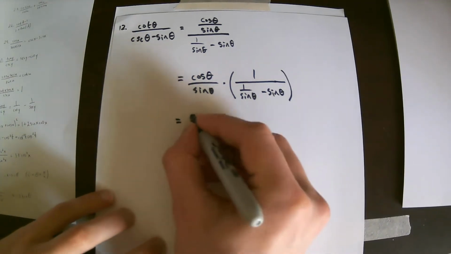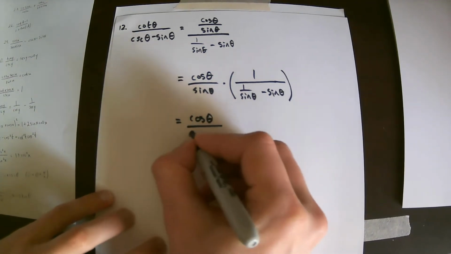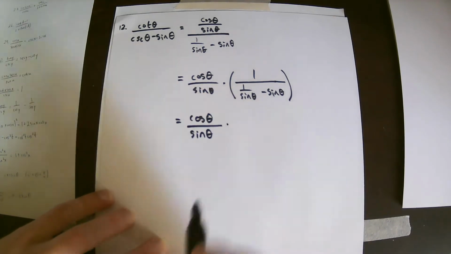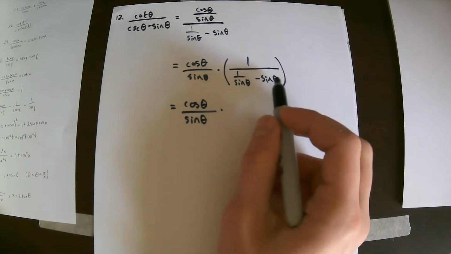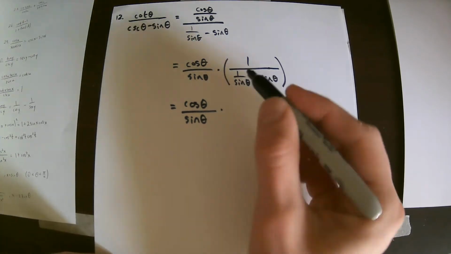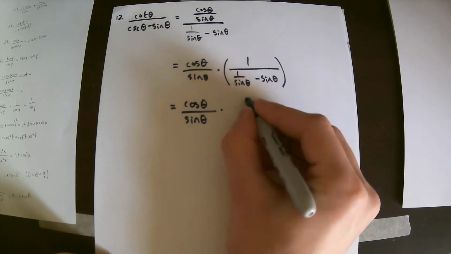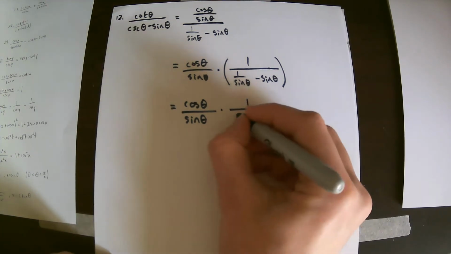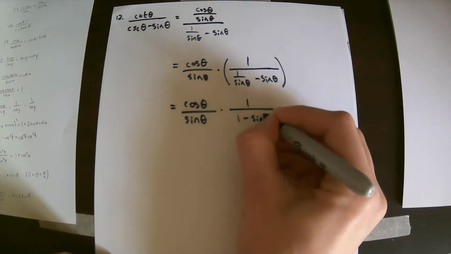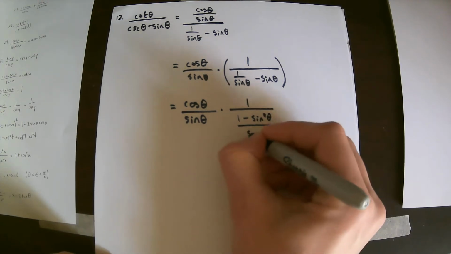And this has been a recurring technique here of writing 1 over something minus something, getting a common denominator, and it often works out for us. So let's see what we get there. We're going to have 1 minus sine squared theta over sine theta.